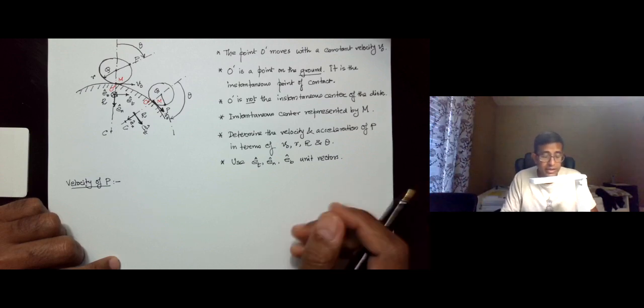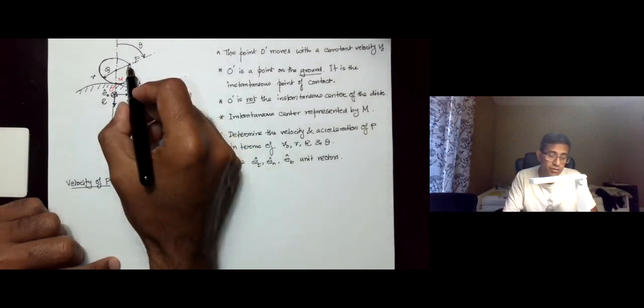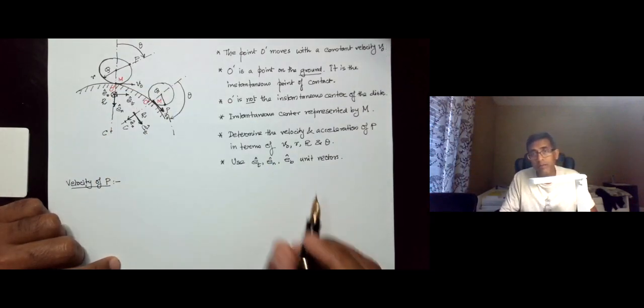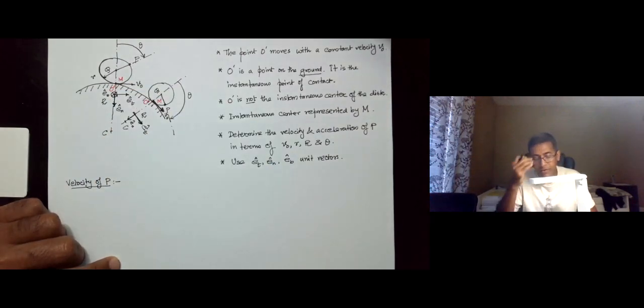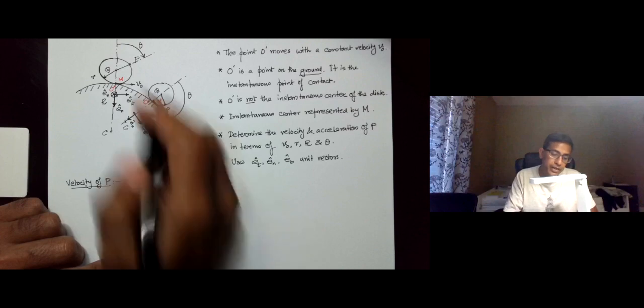We could also express Vp in terms of O prime, where O prime is not on the disk but rather on the base surface. So we can do that and write the three-term velocity equation.